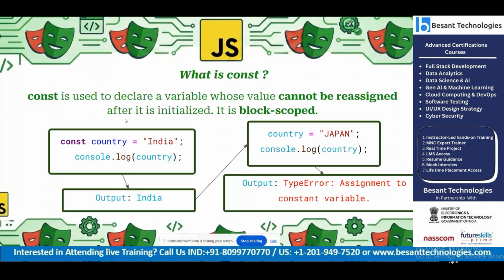So when hackers, or someone, want to update the authentication key in the mid level, it won't allow. For example, as you see here, I'm giving const country equal to India and it returns India. Then I try to update the same value to Japan, but it shows assignment to const variable is an error. It's a type error.